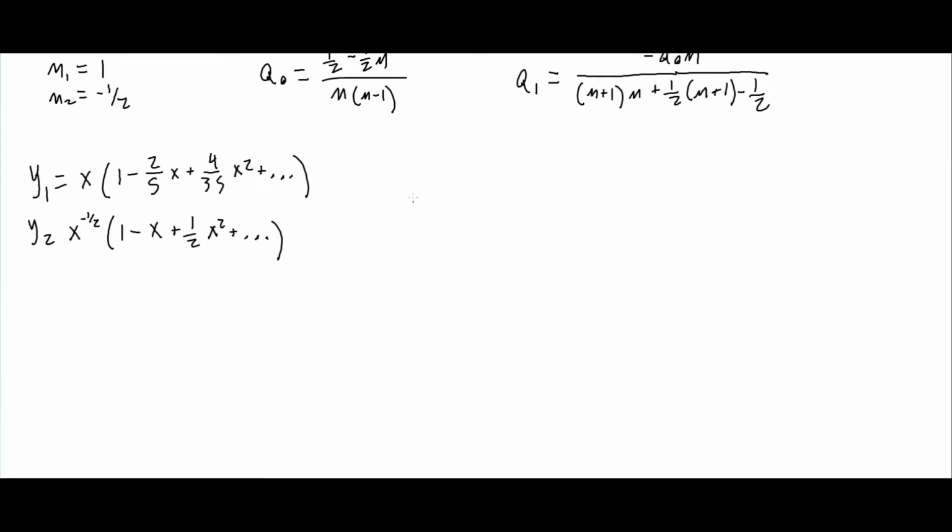And so then we can say that our general solution is y equals c1 times x times 1 minus 2 fifths x plus 4 35ths x squared, plus going off to infinity, and then plus c2 x to the minus 1/2 times our 1 minus x plus 1/2 x squared, going off to infinity.